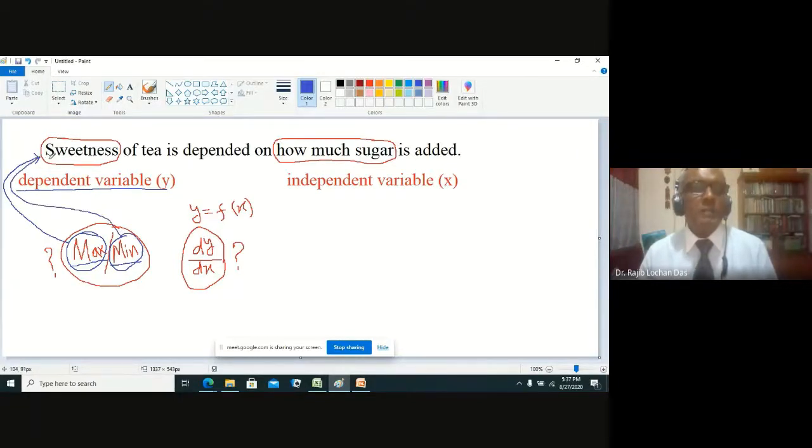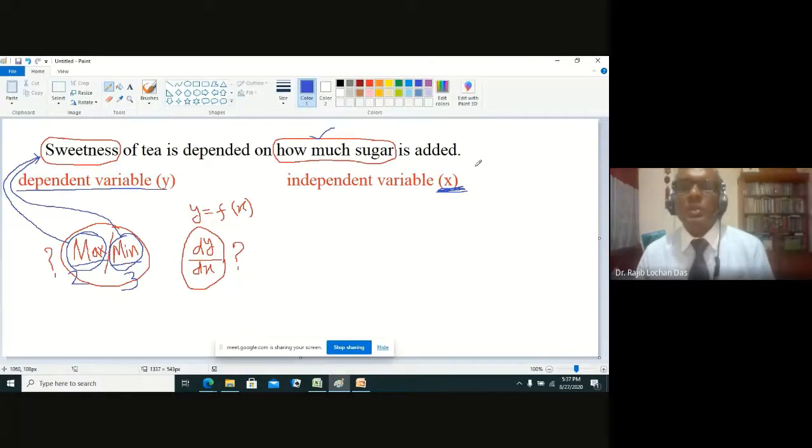If you find many answers, say 2 maxima, 3 minima, everything will be about the function, that means the sweetness of tea. And this will have a situation, that is, for how much amount of sugar the sweetness will be maximum. So the x can be a particular value.